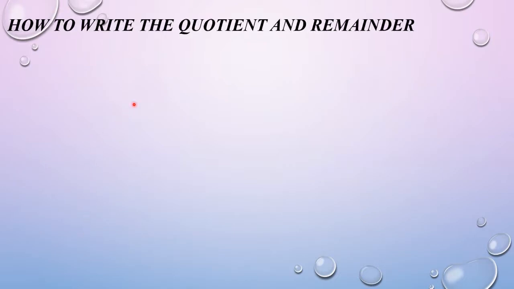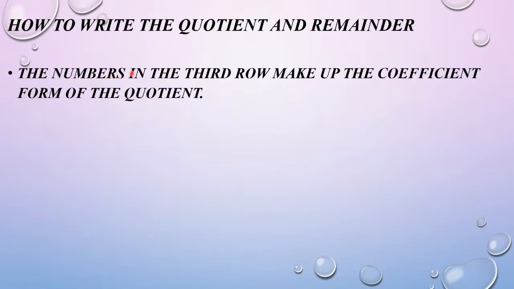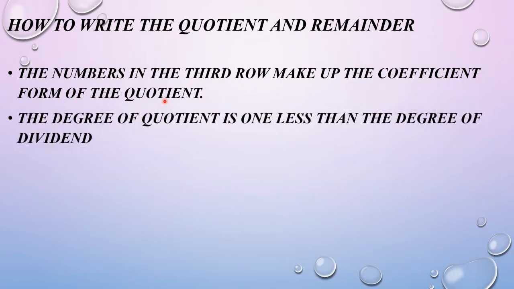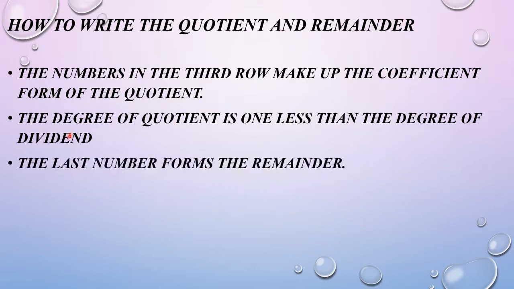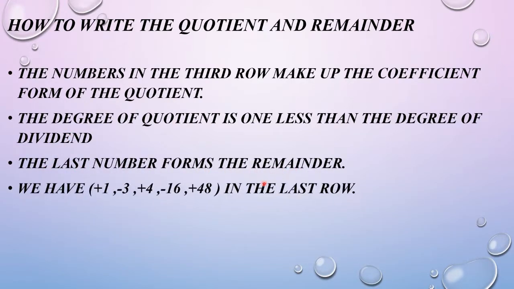Now, how to write the quotient and remainder in the synthetic method of division? The numbers in the third row make up the coefficient form of the quotient. The degree of the quotient will be 1 less than the degree of the dividend. The last number forms the remainder. We have here plus 1, minus 3, plus 4, minus 16 and plus 48 in the last row.